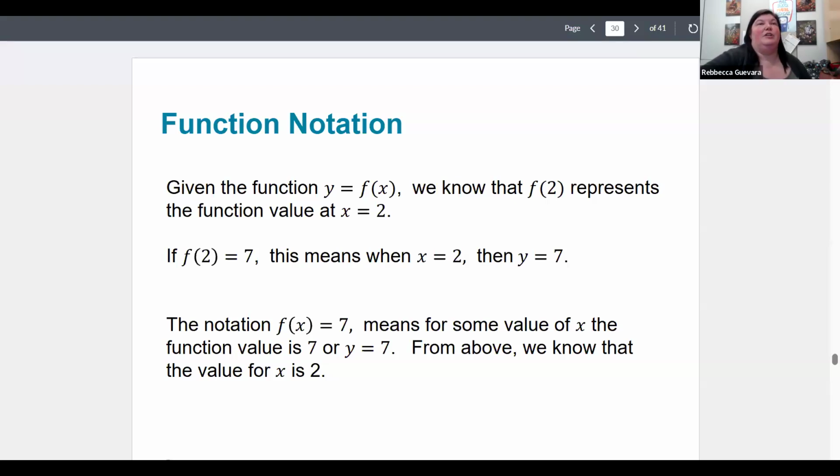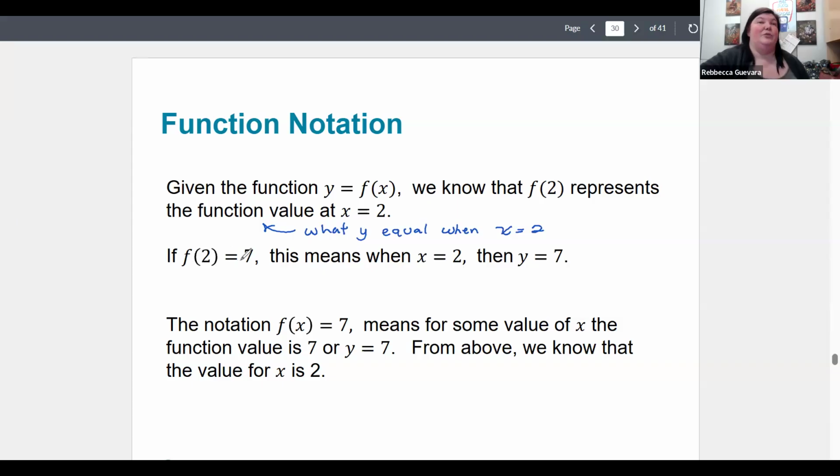Okay, so going back to function notation, given the function y equals f of x, we know that f of 2 represents the function value at x equals 2. So it's telling me what y equals when x equals 2.